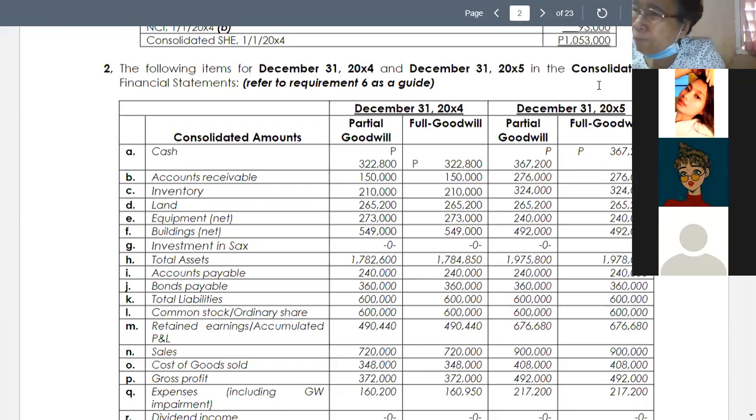So then we deduct the amount of 216,000, which is considered to be an overvaluation in the building account. So we are deducting 216,000. And at the same time, we are adding 192,000 and 6,000.